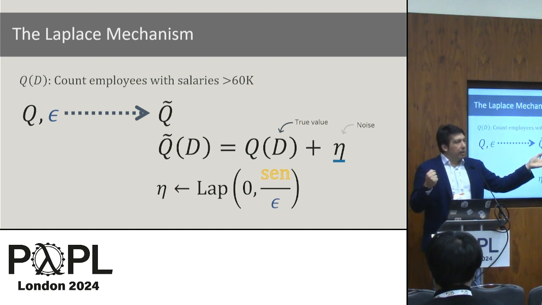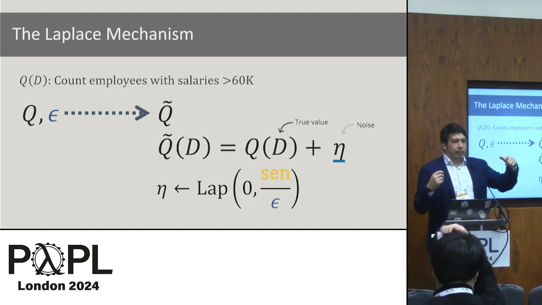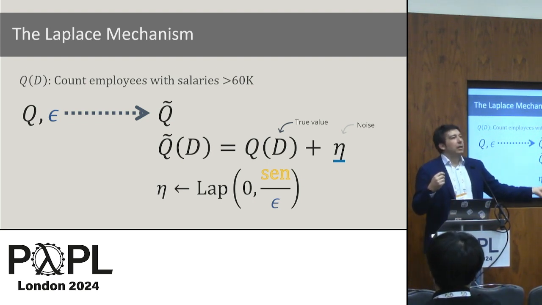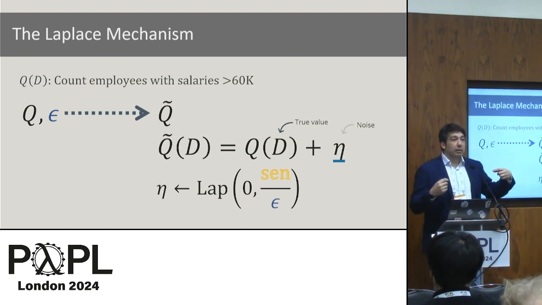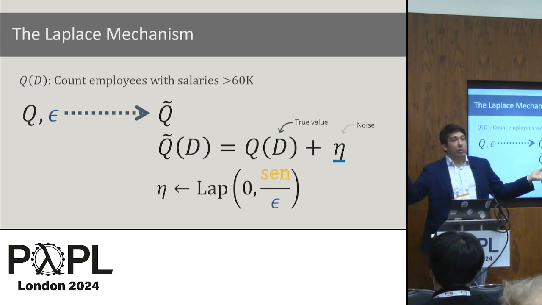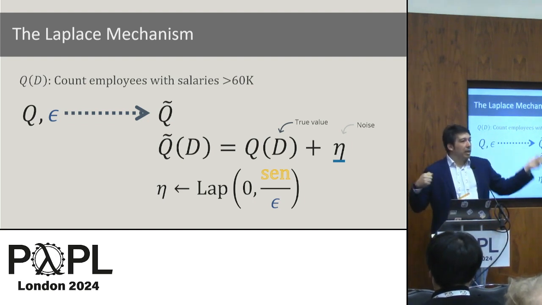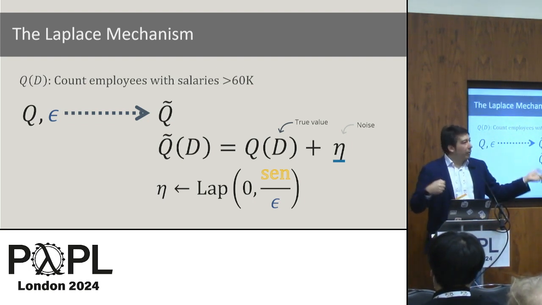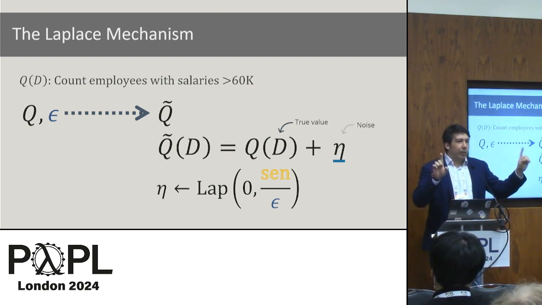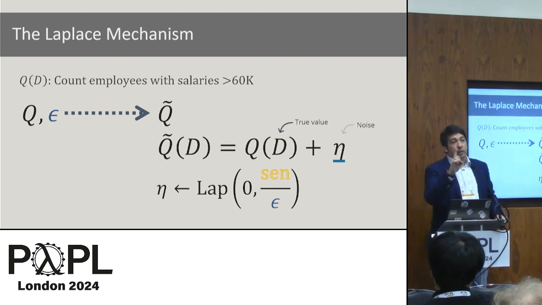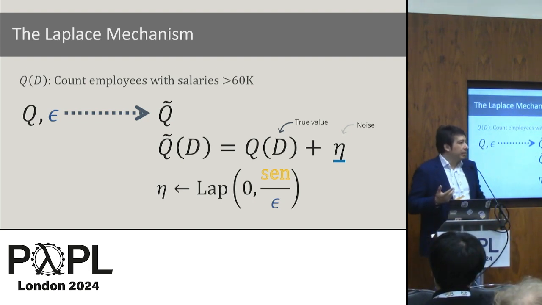If I remove one person and run the query, how much has the query changed? Here we are counting, so if I remove one person, the output will change by at most 1. If I remove 2 people, the count will change by at most 2. So the output changes by a factor of 1 relative to the input, and we say that sensitivity is 1 for counting.